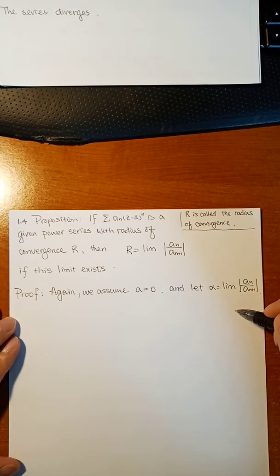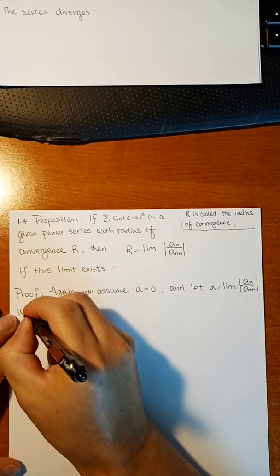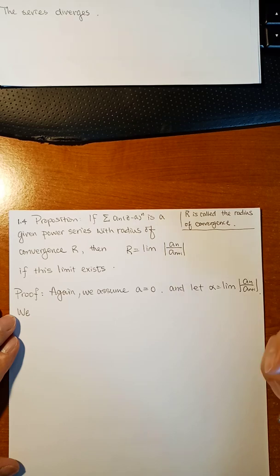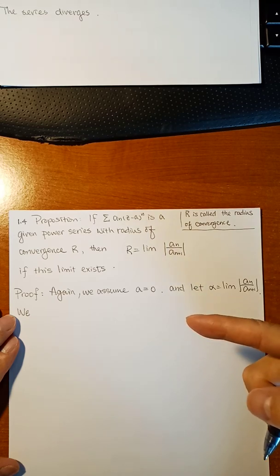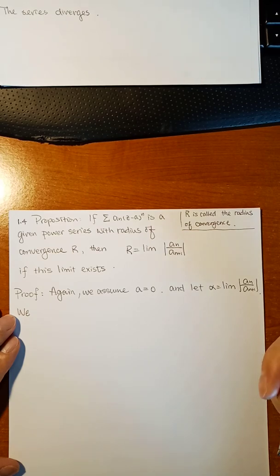And then we are going to show that this alpha also satisfies condition A and condition B in the previous theorem. We claim alpha satisfies condition A, condition B. So there's only one R that satisfies that, then R is equal to alpha. R is unique. The radius of convergence is unique.